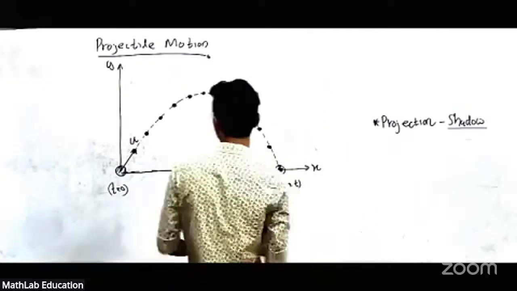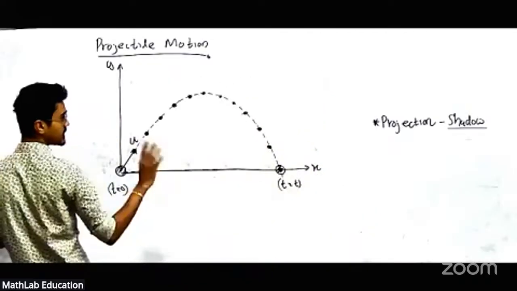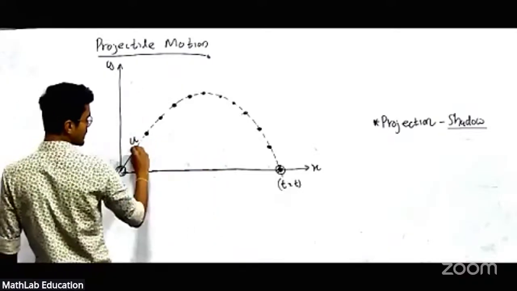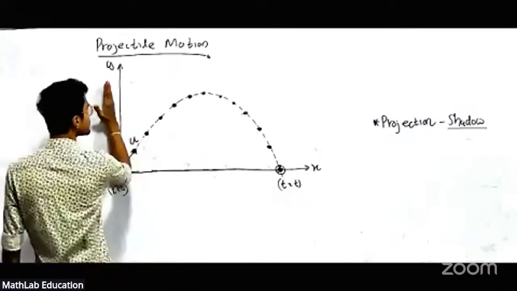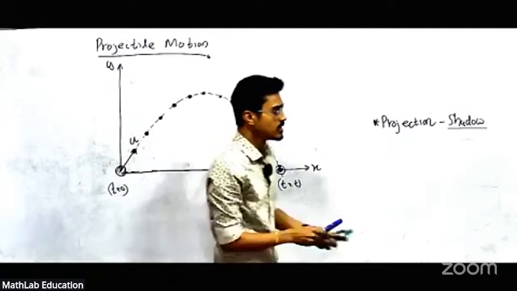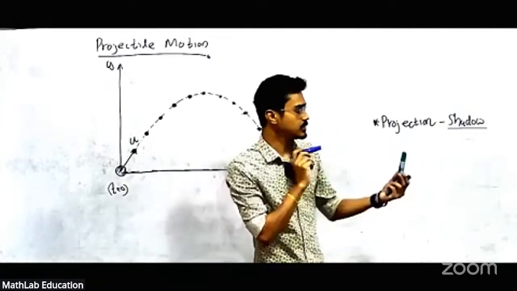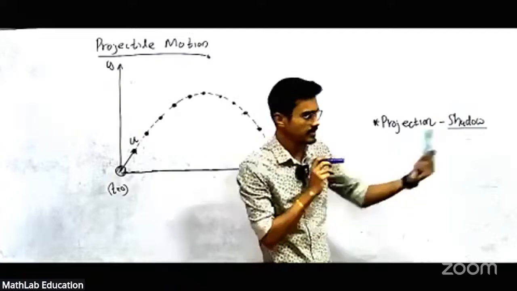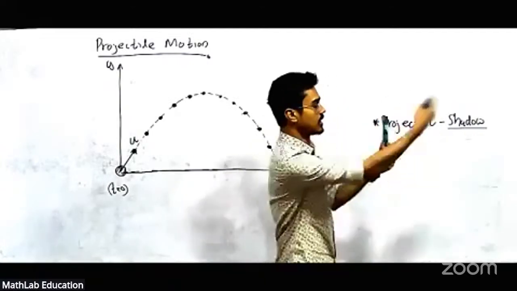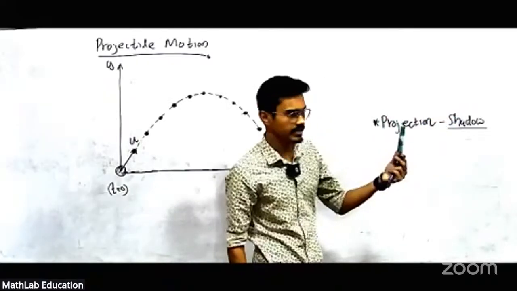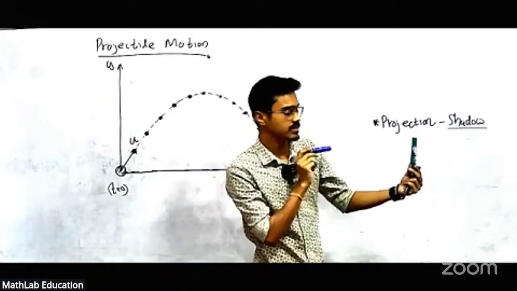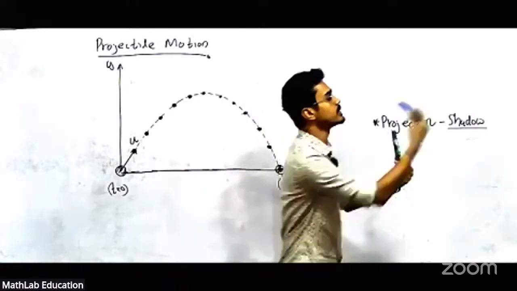Now, if I need to get the vertical shadow, look here. This is the important part you need to understand. If I need to get the shadow of this object on this vertical axis, just assume I'm using a light source from this side. As an example, if I need the shadow of this pen on that screen, I aim a torch in this direction, and the shadow falls on the opposite screen.